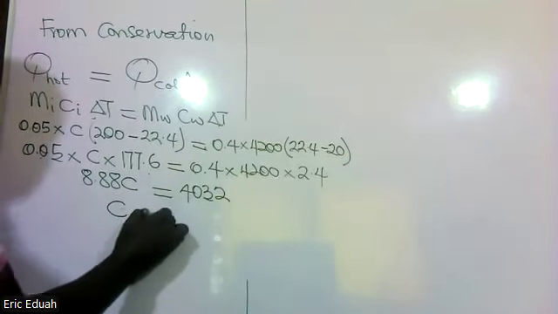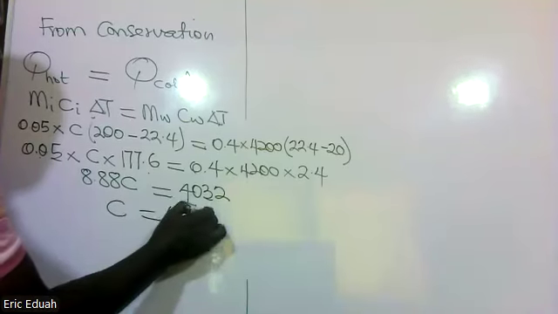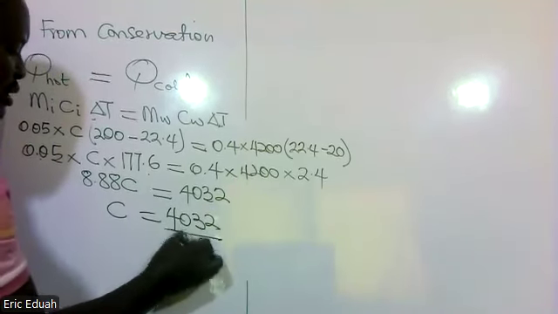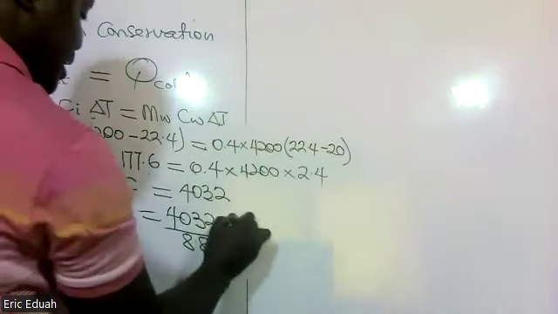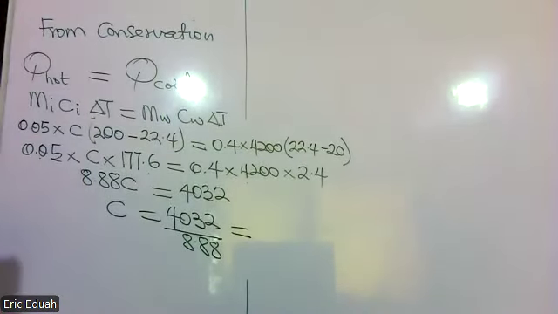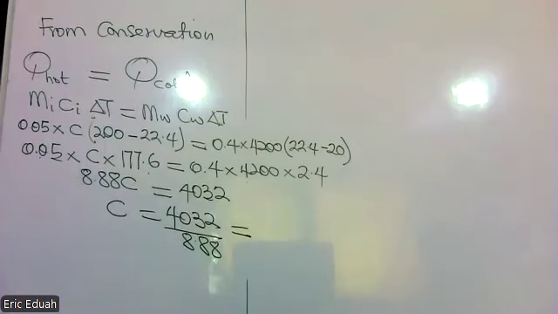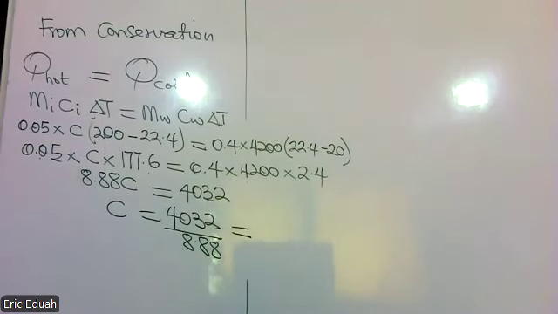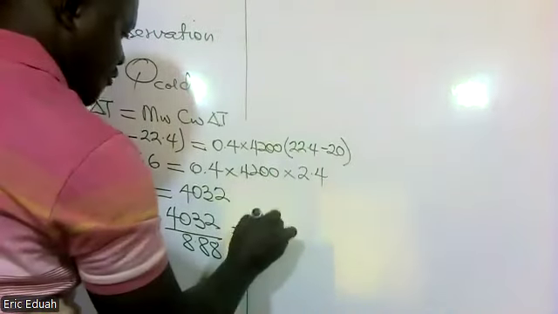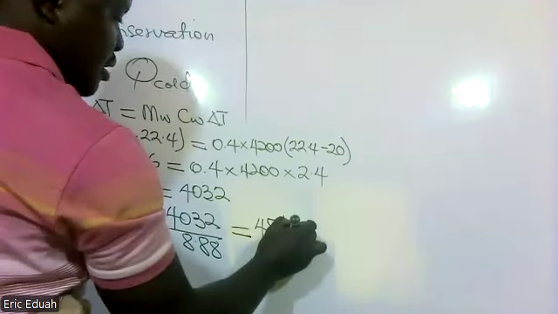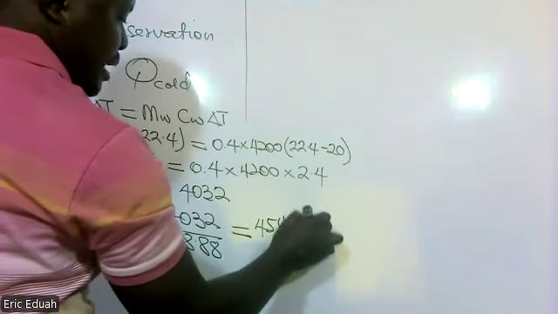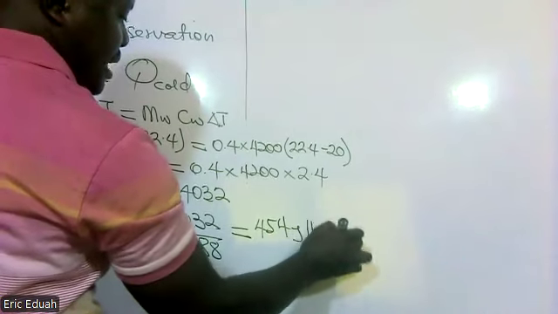Therefore, C is equal to 4,032 divided by 8.88, and this is equal to 454 joules per kilogram per Kelvin.